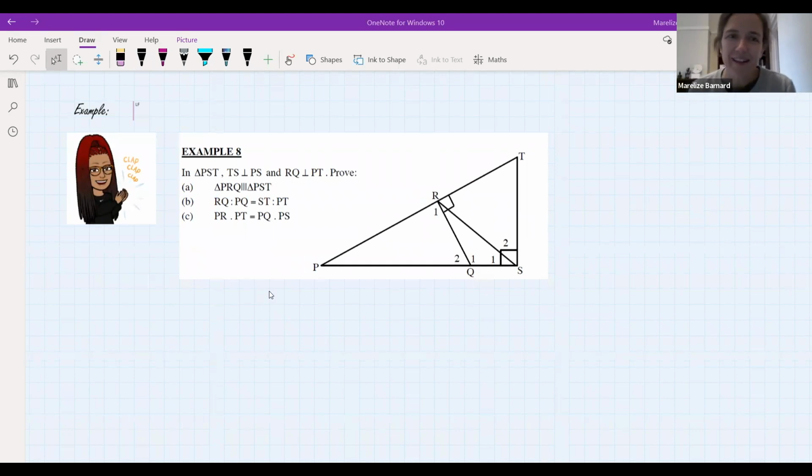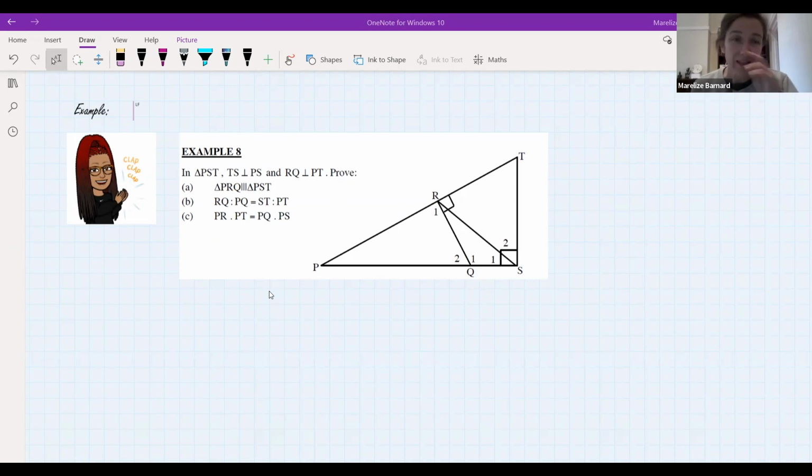Right. So first of all, when you get a geometry question like this, make sure that you read everything that is written there, because sometimes some of the important information is written down, but it's not on the sketch. So don't just assume that everything is already indicated on the sketch.